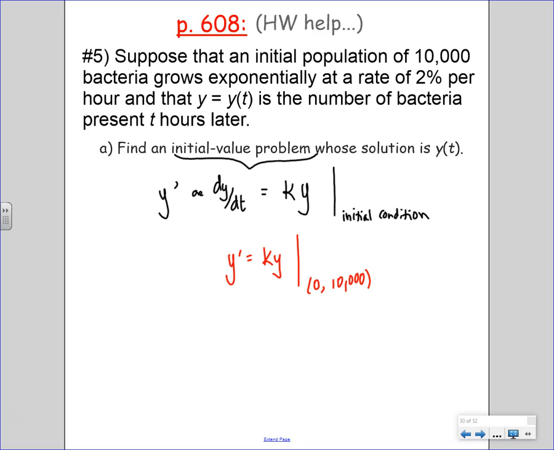Set up what problem could be given mathematically that's in words. What could be given to you in order to solve with calculus, which would lead you to the solution to this problem? If it was a calculus problem, no word problem, they could just say, solve this differential equation when you have the point. But what could it apply to? An initial population of bacteria growing exponentially at a rate of 2% per hour.